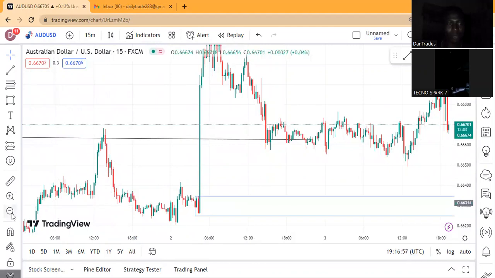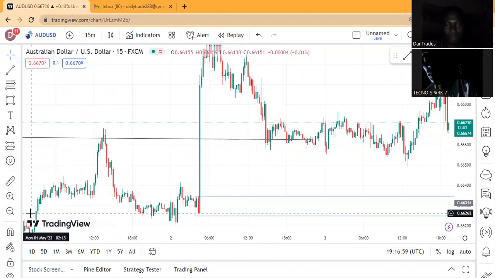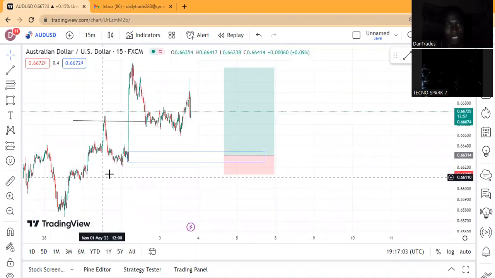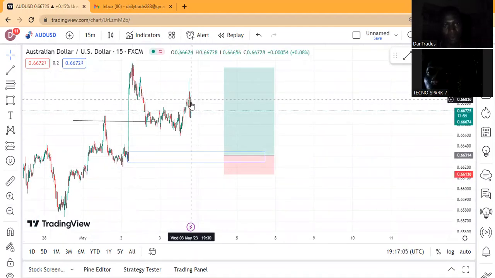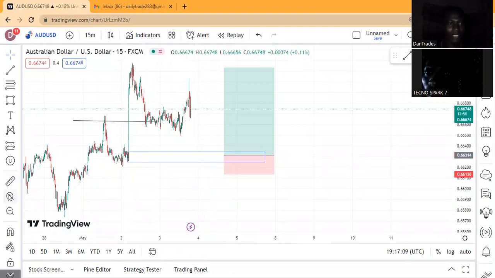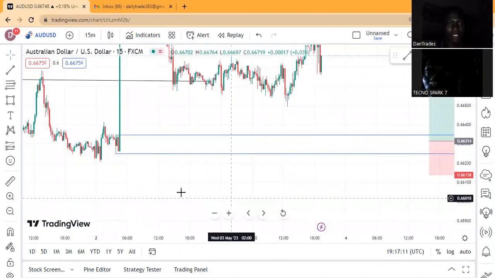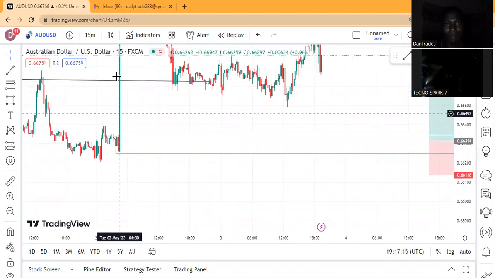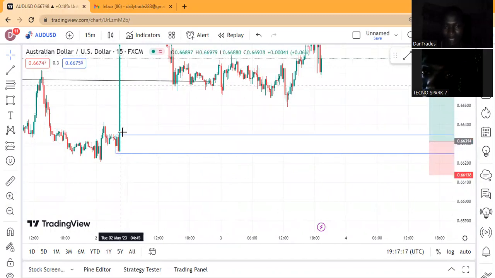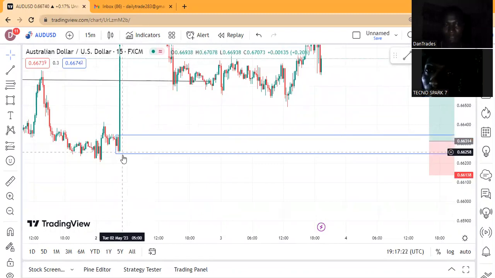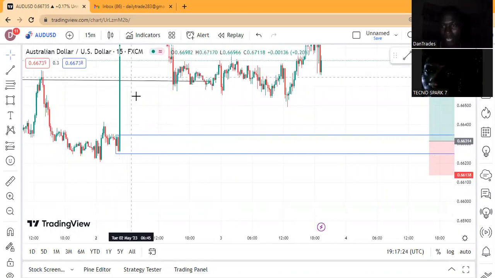So for us to pick a very good trade here, so that we will not be stuck out with a funny retracement, we want the price to come back to visit the zone. This is where my order block is. This red candle is the candle that formed before this long bullish candle.